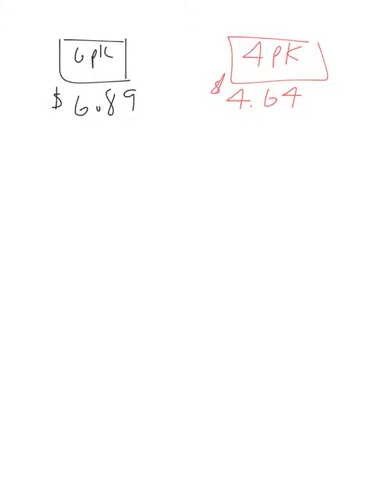Over here we have a 6-pack of socks for $6.89 and a 4-pack of socks for $4.64. Let's go ahead and figure out which one is the better deal. Remember, it is price per unit.